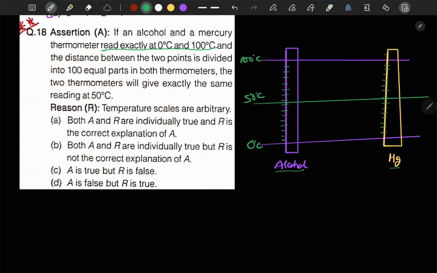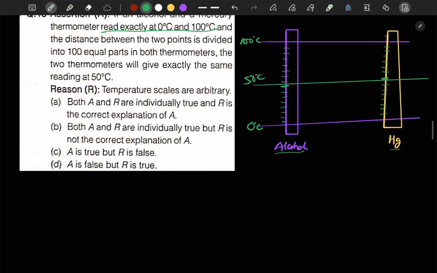This is not an ideal gas thermometer, which would be independent of material. Due to the material of construction, one will show something below and the other something above, so both won't show the same temperature. At 0 and 100 degrees Celsius they show the same temperature because they are calibrated at those points, but at an in-between point they won't show exactly the same temperature.